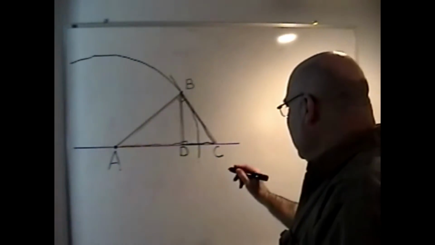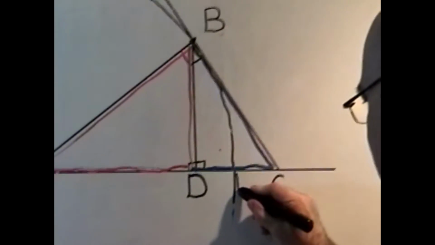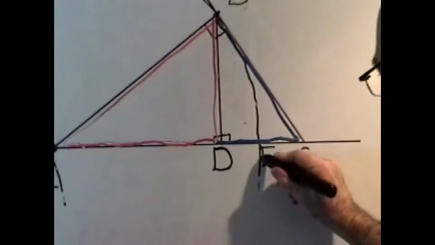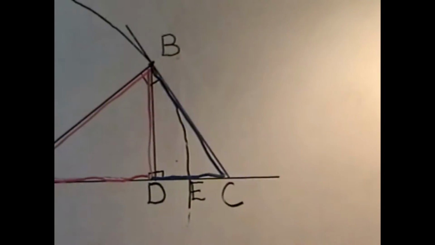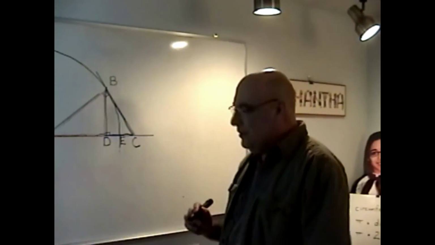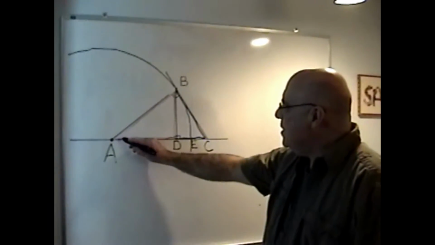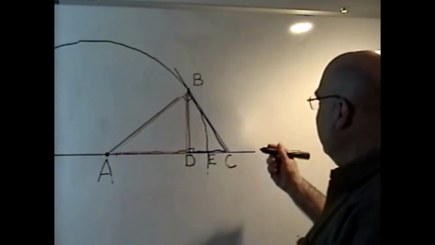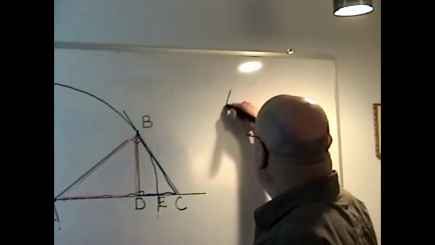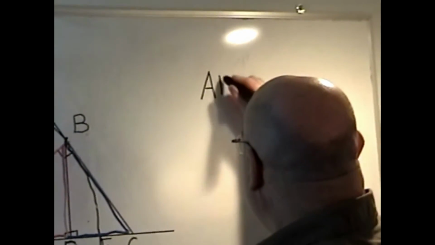Now, one last point we're going to label. Point E. Here where the circle intersects the equator. So, ABD is a right triangle, and the hypotenuse is AB.